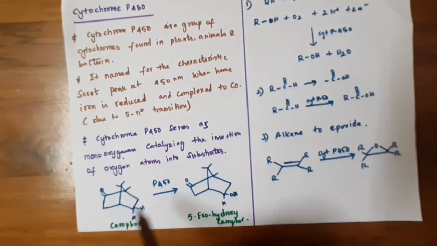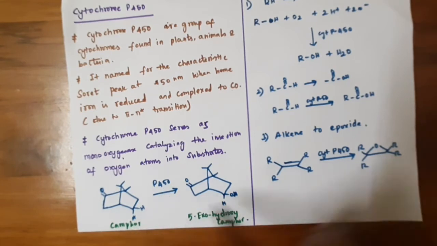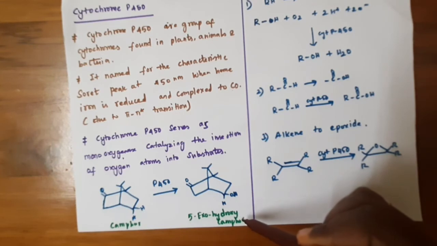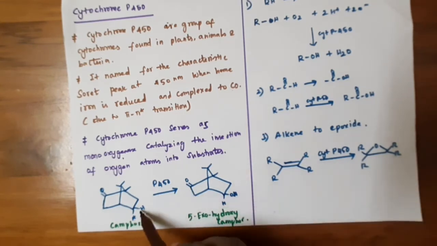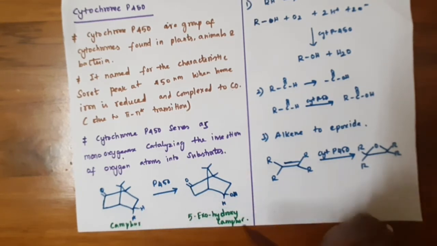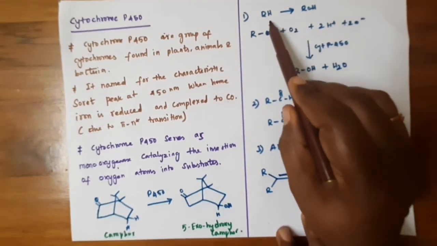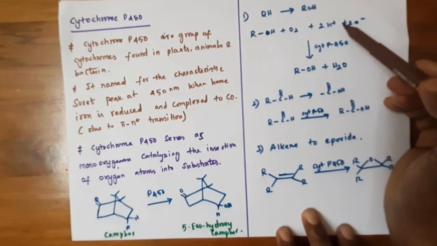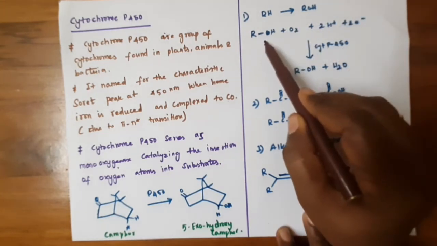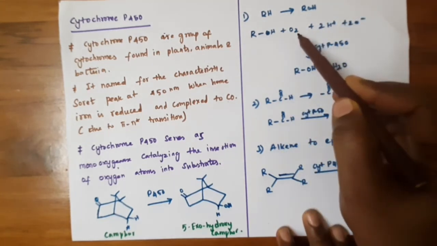Here I have given an example: the camphor molecule, which with the help of cytochrome P450 is converted to 5-exo-hydroxycamphor, so it inserts one oxygen atom. It is also used to convert hydrocarbons to alcohols, by inserting an oxygen atom.